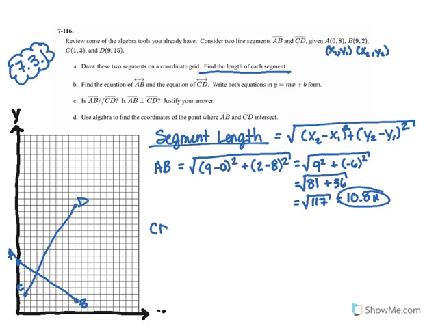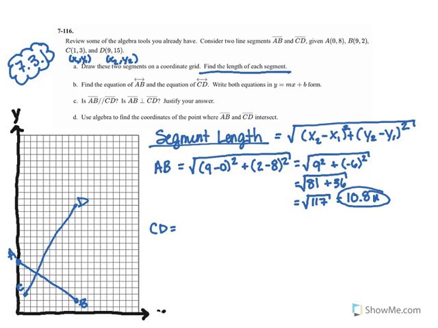Now we're going to find the length of CD. And we're going to change this a little bit. These are not our x1s and y1s anymore. Now we have x1, y1, and x2, y2. I would suggest when you guys are doing this, label these points just like I did, because you're far less likely to get confused and make a mistake if you do label them.